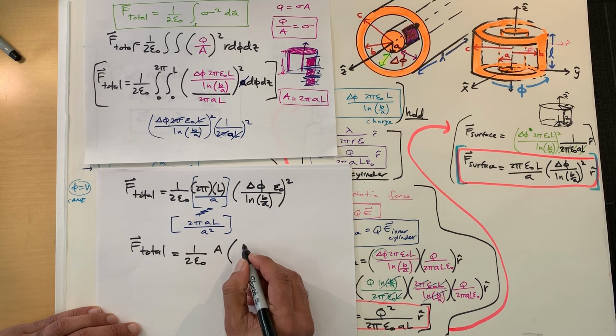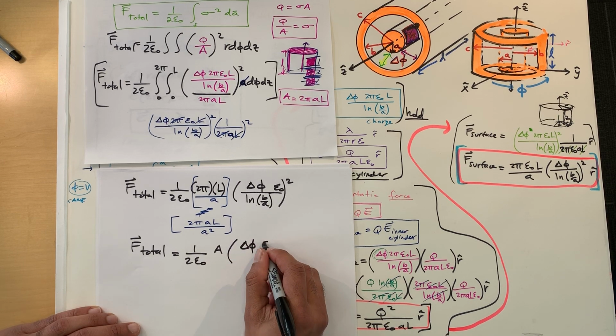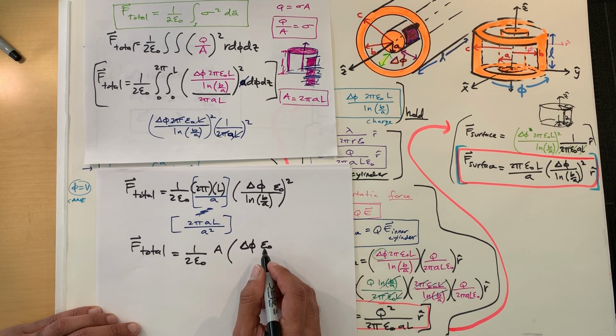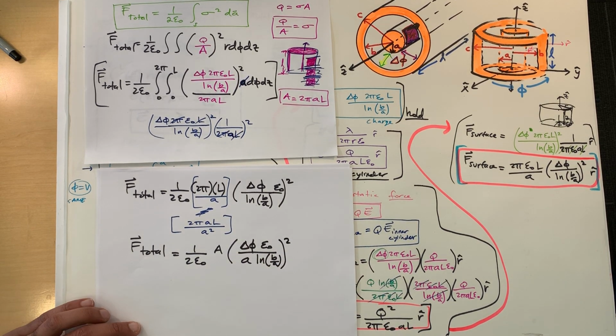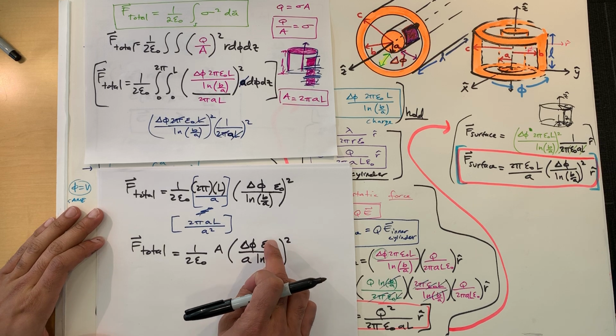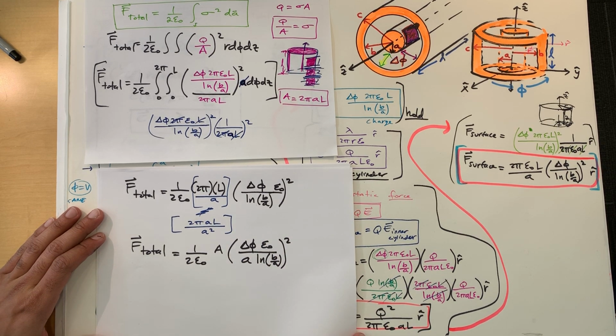And so it's potential, we got epsilon naught, we got A, and we got ln of B over A. Everything is squared. Okay, so let's see. I feel like I lost an epsilon somewhere, but I think that's fine.